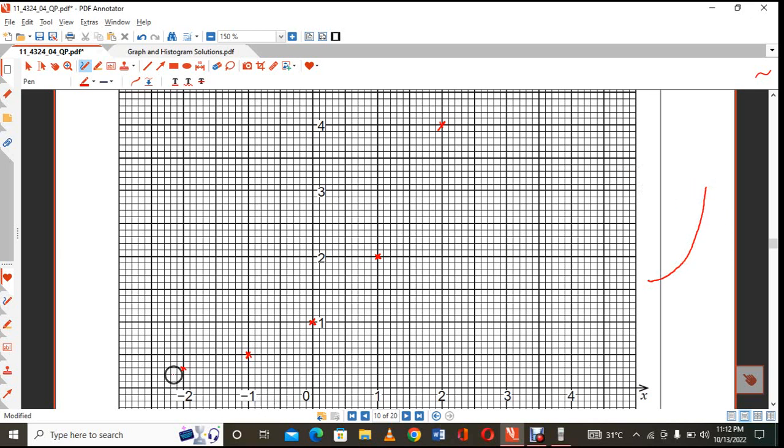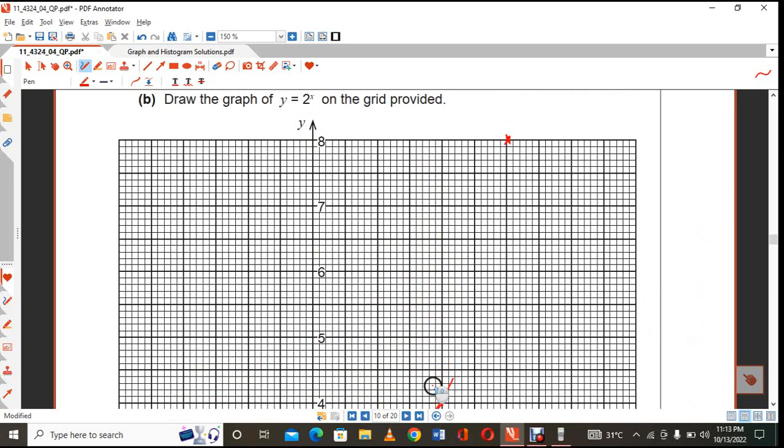Right. So remember, you have the liberty of taking your paper and turning it, and making sure that you use the inside of your palm. Please do not use your ruler to join those points. This is a curve.